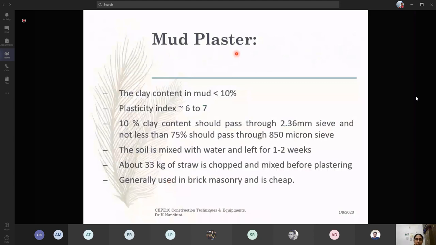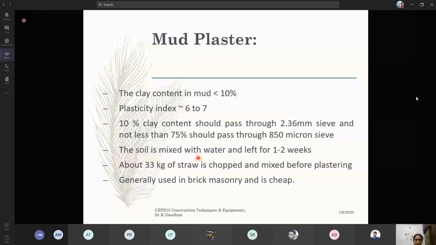What is mud plaster? The clay content in the mud should be less than 10 percent. Plasticity index should range from 6 to 7. 10 percent of the clay content should pass through a 2.36 mm sieve, and not less than 75 percent should pass through an 85 micron sieve. The soil is mixed with water and left for 1 to 2 weeks.